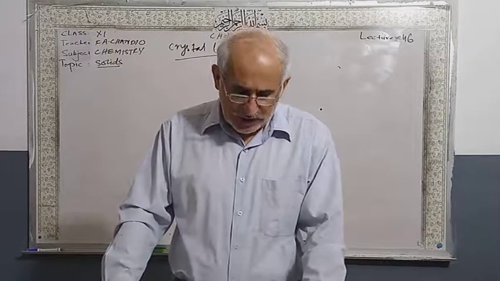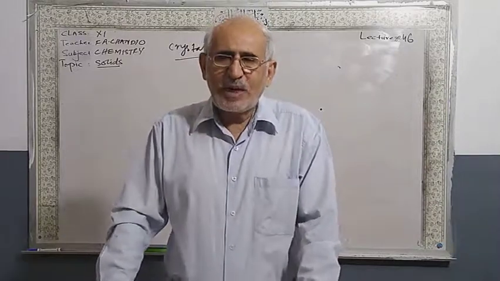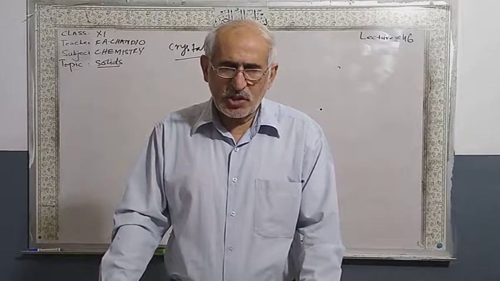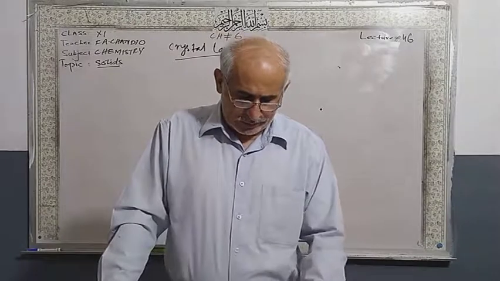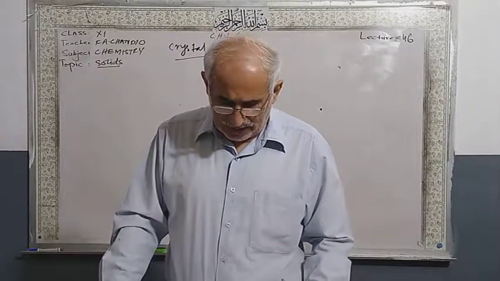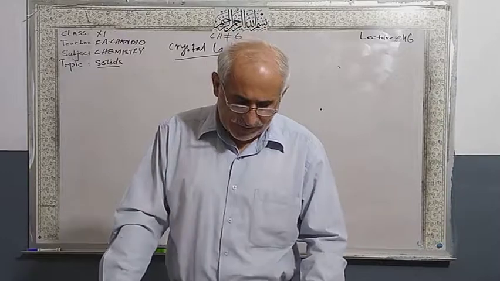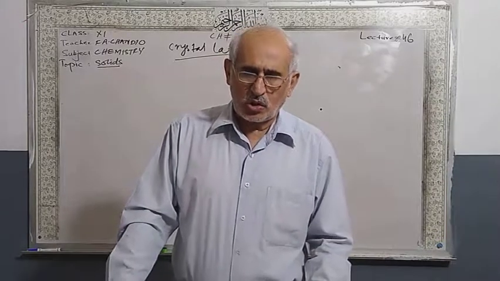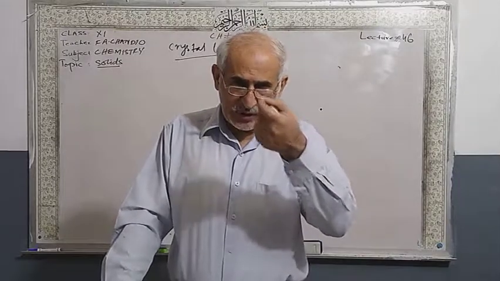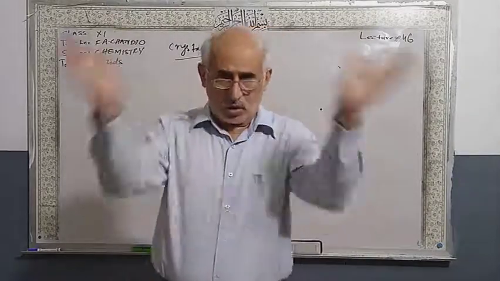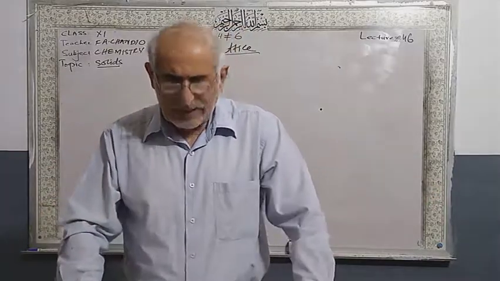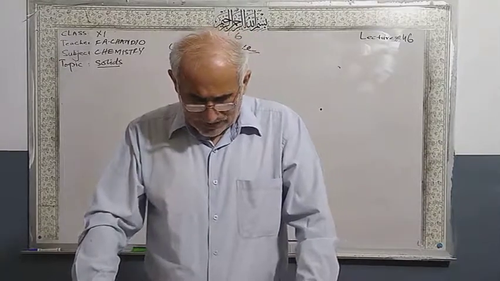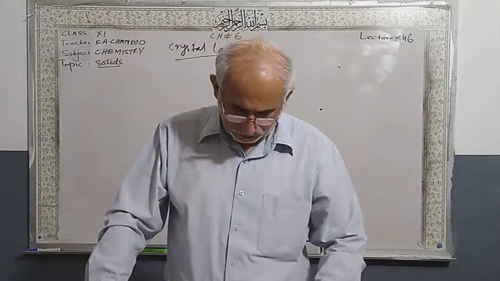So dear students, the definition of a unit cell is the smallest unit of the volume of the crystal which shows all properties of its pattern. So the smallest unit, which represents the whole crystalline system, is called a unit cell. This is the basic structural unit of a crystal.